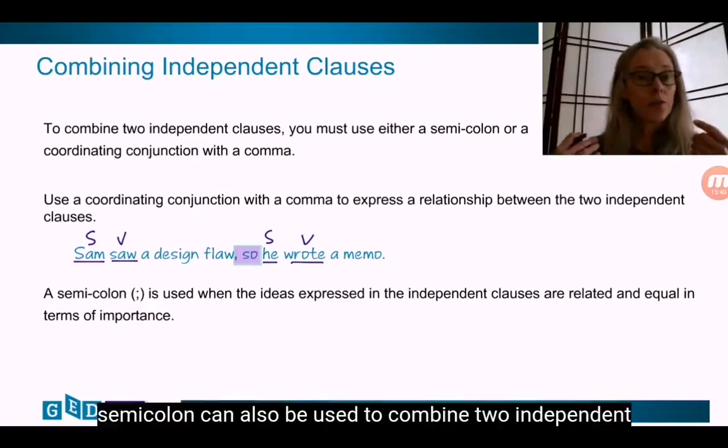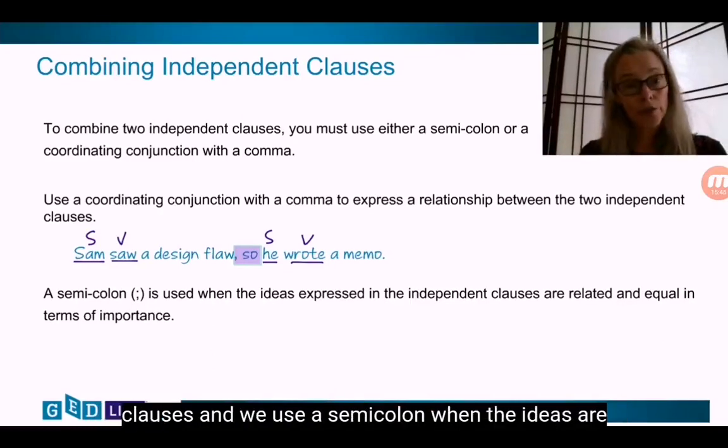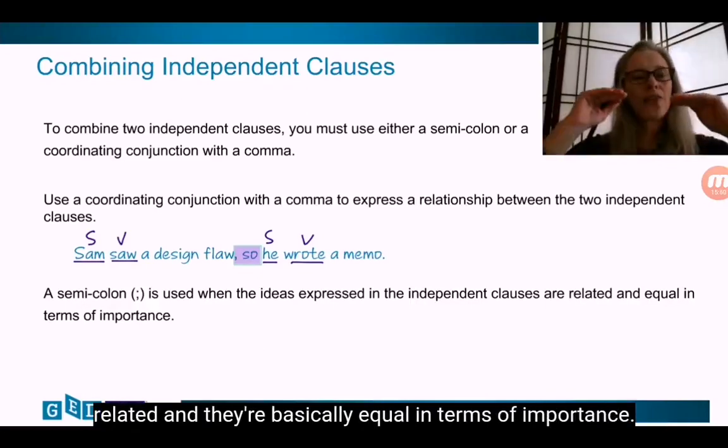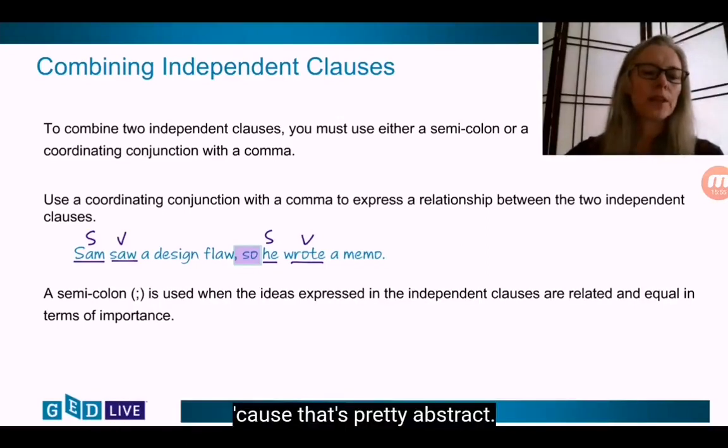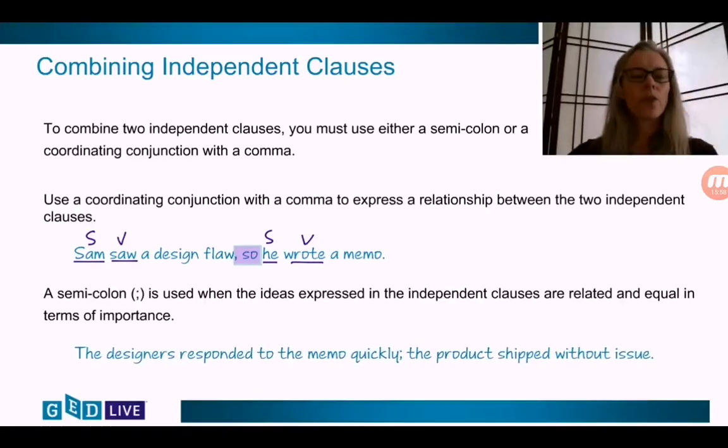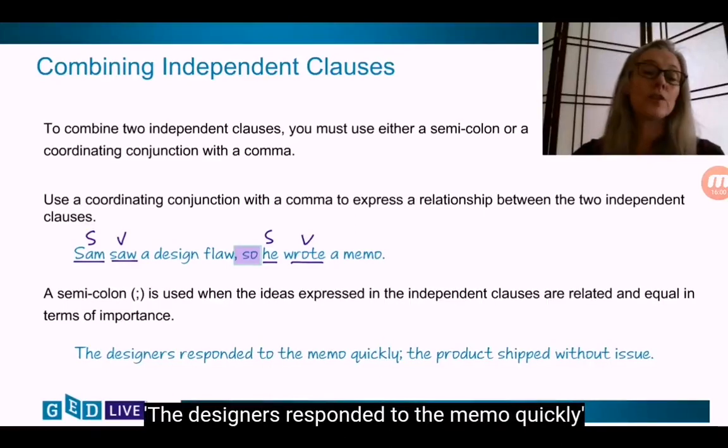Now, a semicolon can also be used to combine two independent clauses. We use a semicolon when the ideas are related and they're basically equal in terms of importance. Let's look at an example of what we mean by that, because that's pretty abstract. The designers responded to the memo quickly.